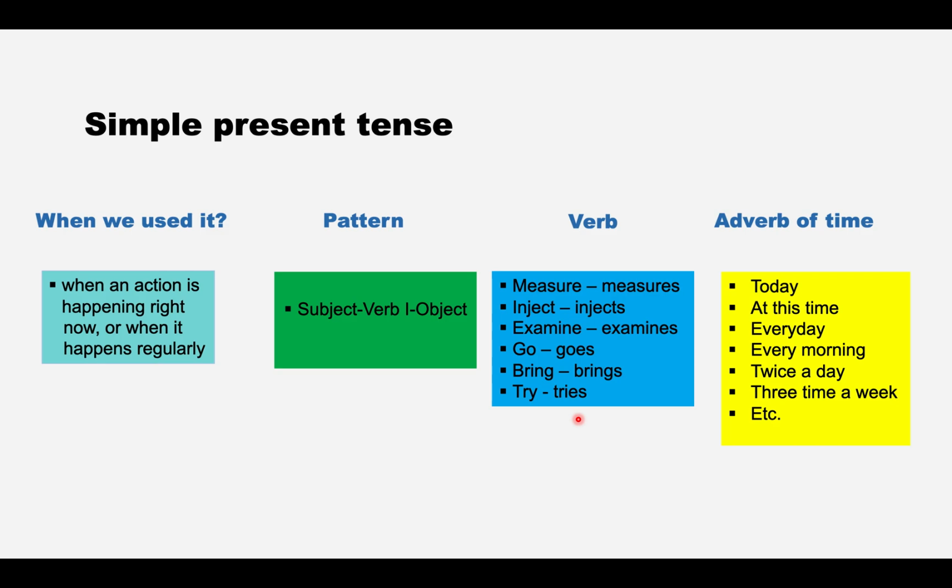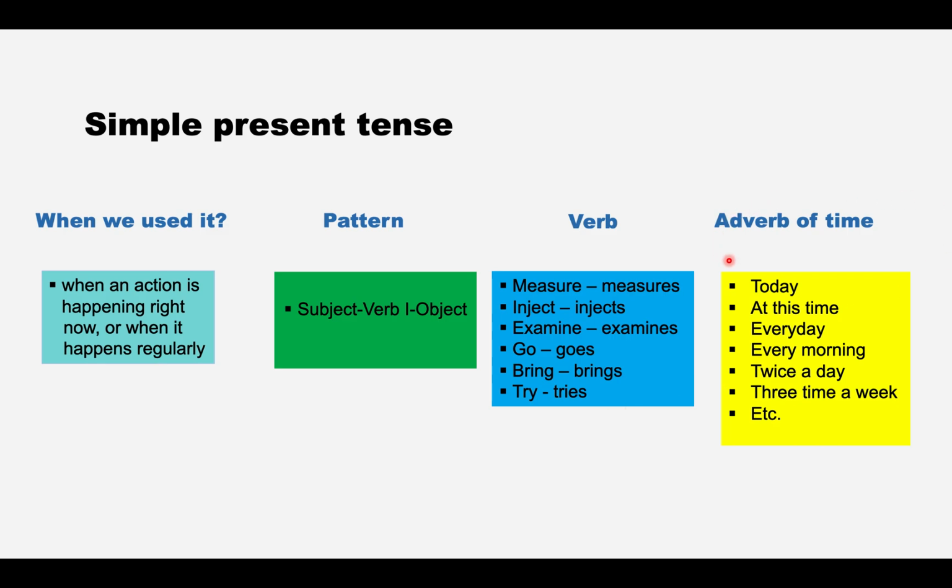When the subject is more than one, we use verb without s. So I will read how we make a difference when we read verb 1 with s or without s: measure, measures. Inject, injects. Examine, examines. Go, goes. Bring, brings. Try, tries.